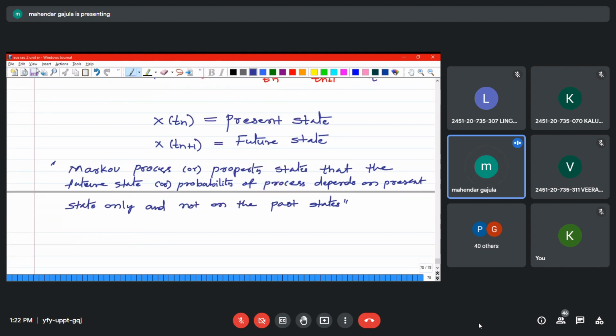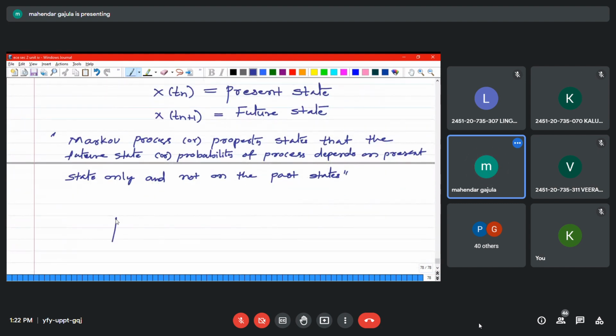So I'm going to write this mathematically. X(tn plus 1) given X(tn plus 1) equals small x(tn plus 1), given X(tn) is equal to x(tn).